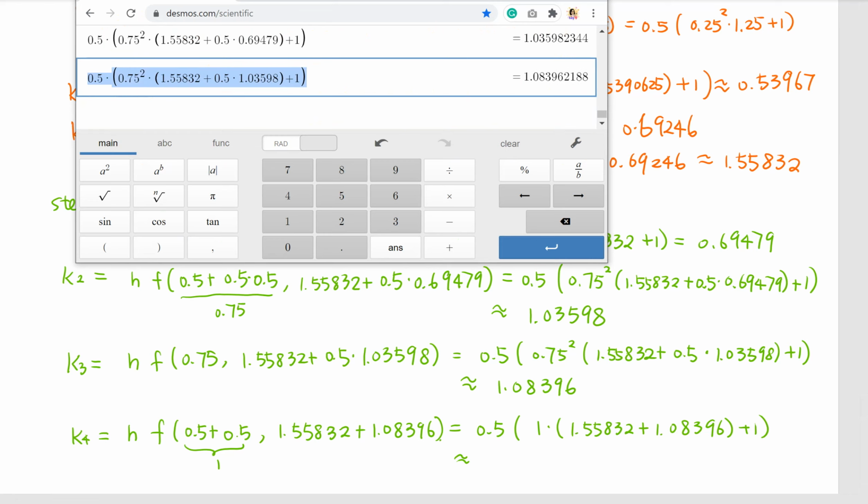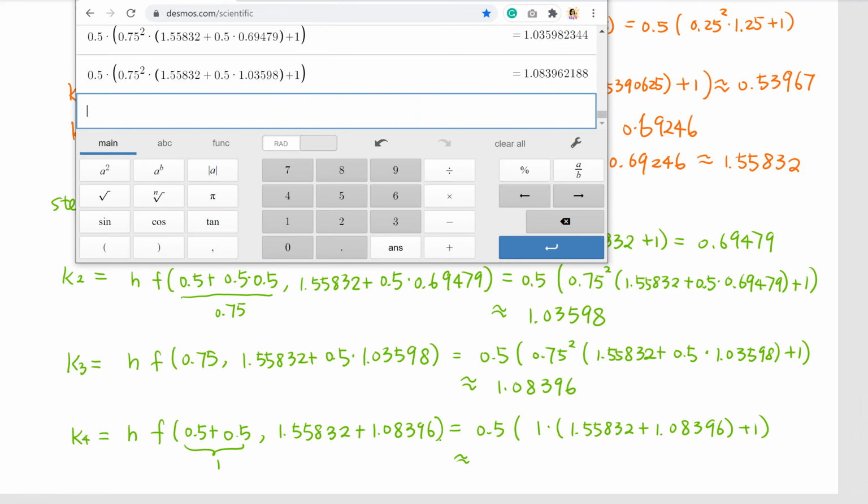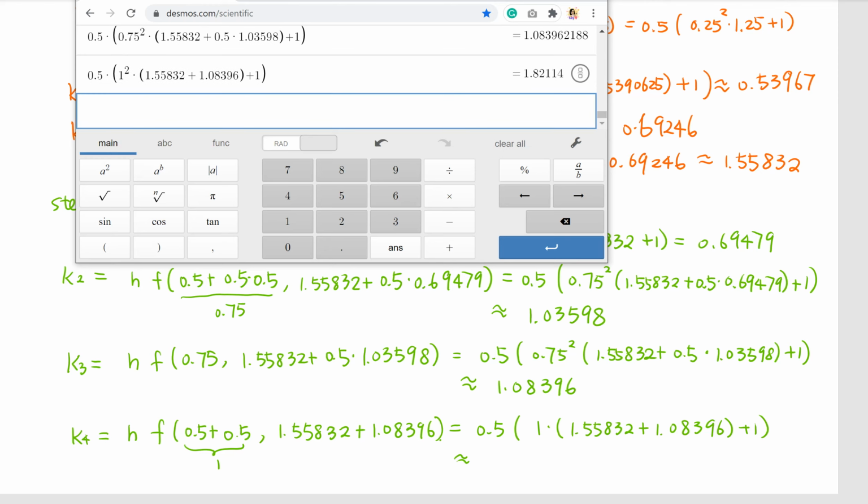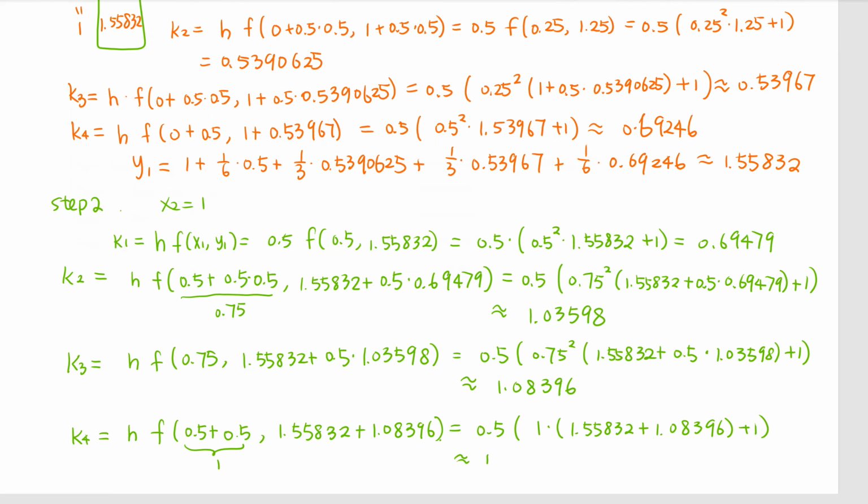Okay, so we can copy it and paste here. 1 square is 1, and here no 0.5 there. 1.8396. Okay, so the answer is 1.82114.